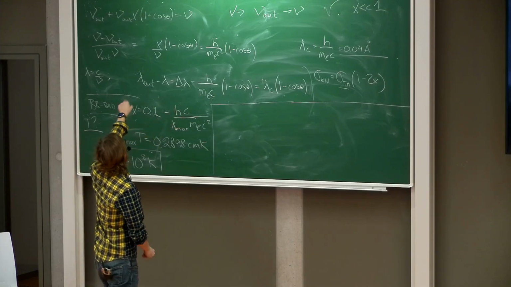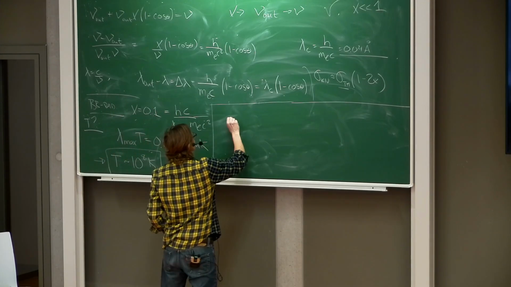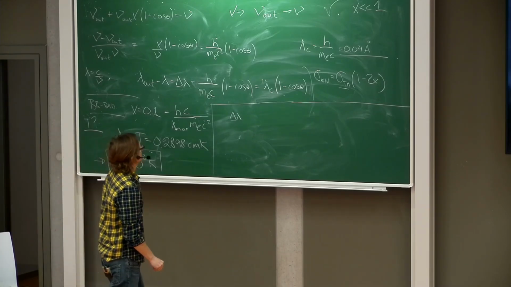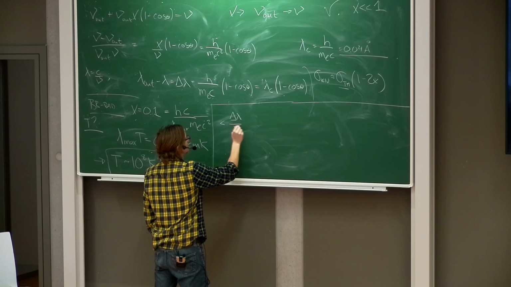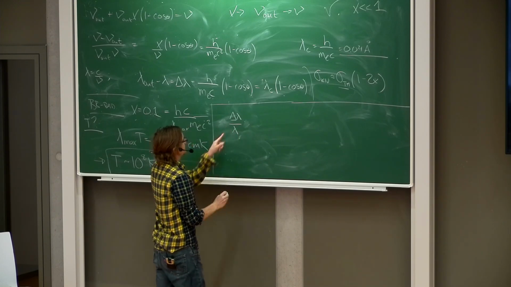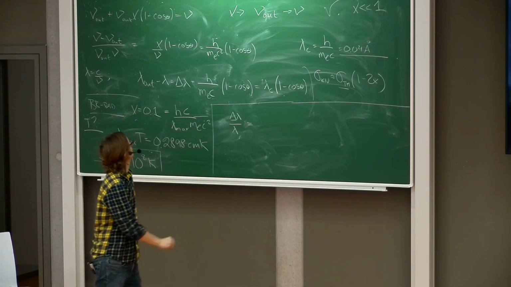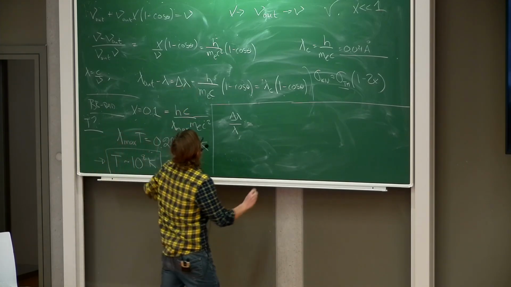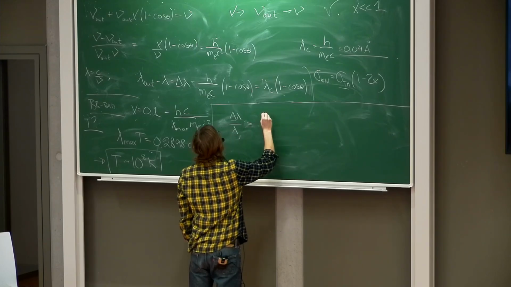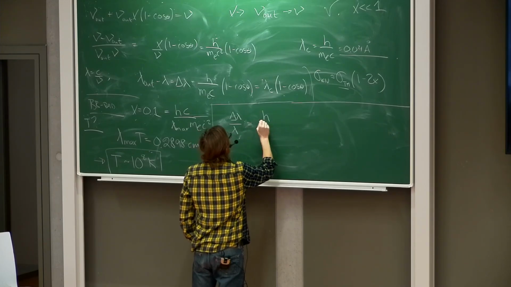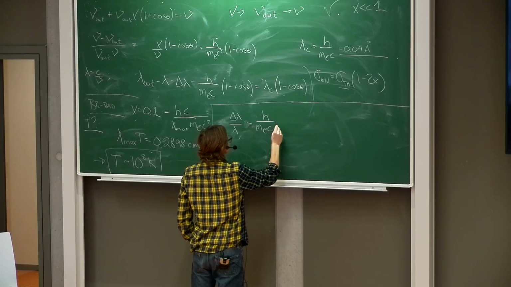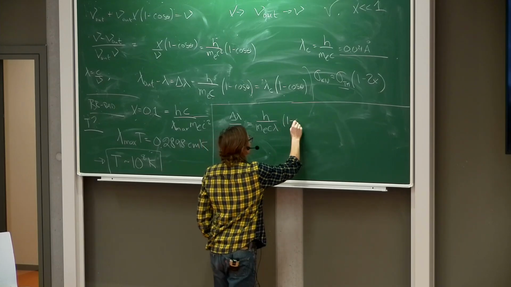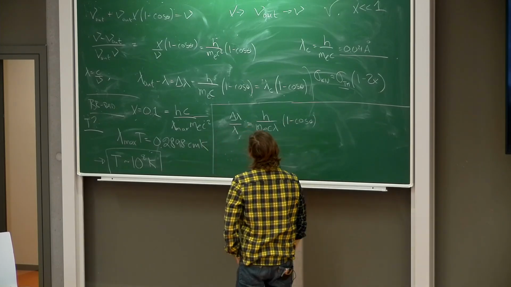We can also now, where did we have our delta lambda here? We can take our delta lambda now, which is just this constant, and then if we want the relative shift, we're going to have to divide it by lambda. Okay, so how much is the shift as compared to the initial lambda? And then we see that this is just h divided by m_e c, over lambda, times 1 minus cosine of theta.